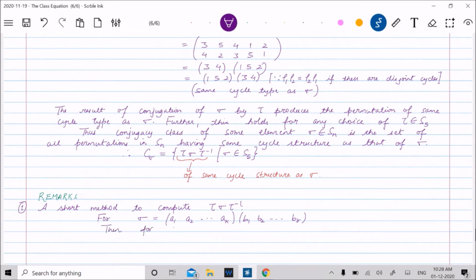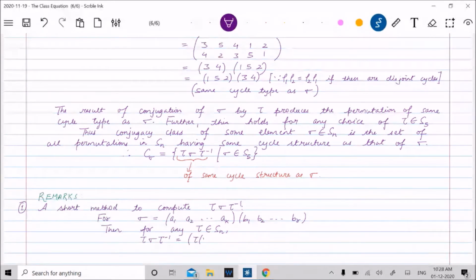And then for any tau you choose from Sn, right? The result of the conjugation of sigma by the element tau will be equal to something like this. You just see these original cycles. What will happen?